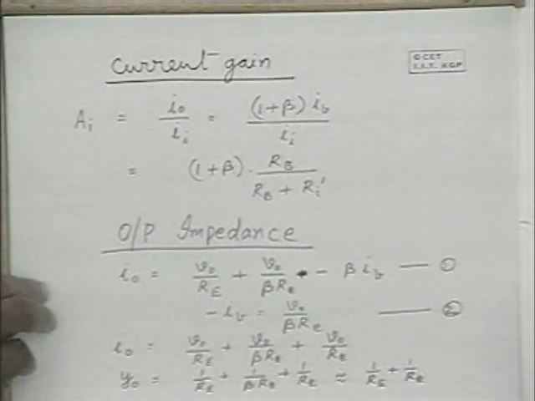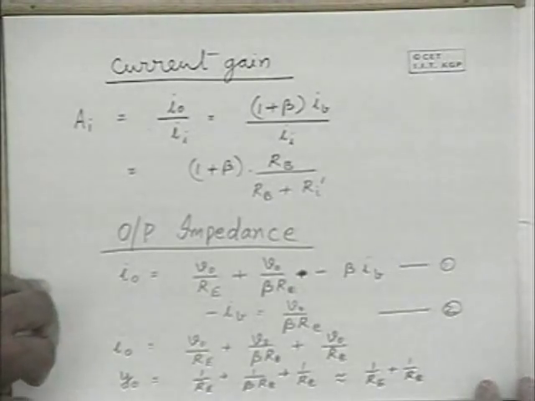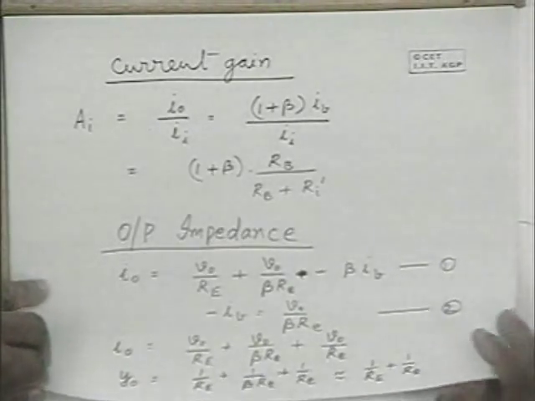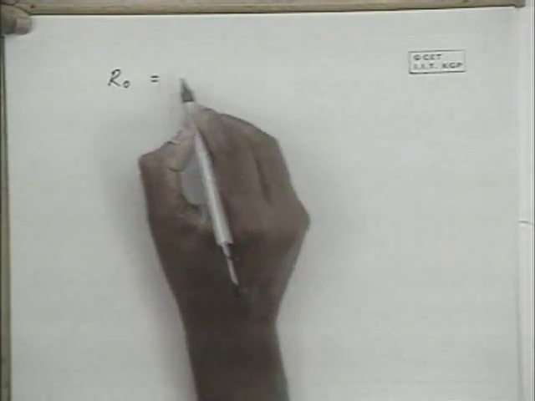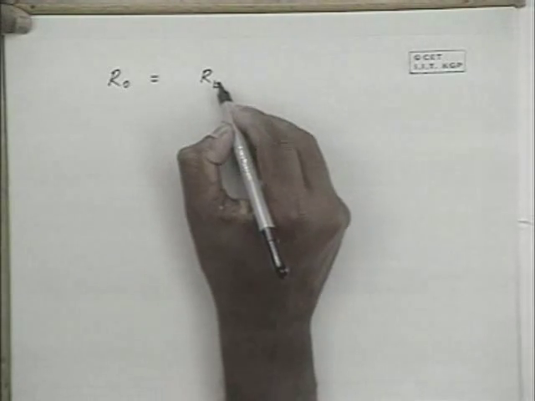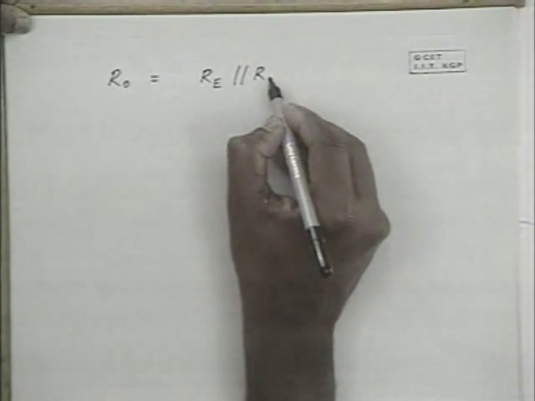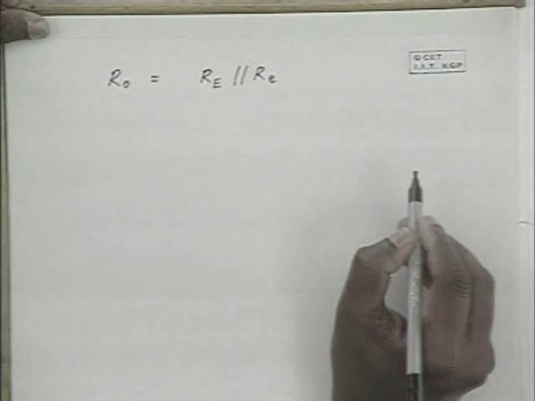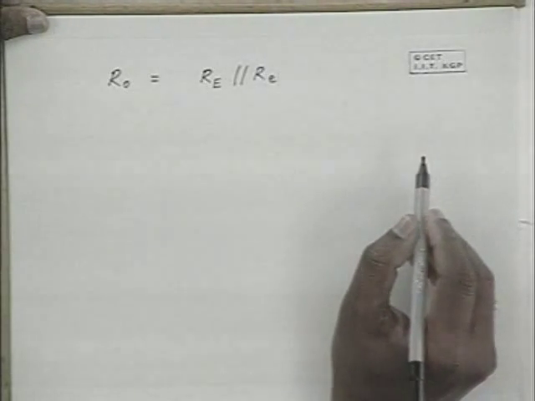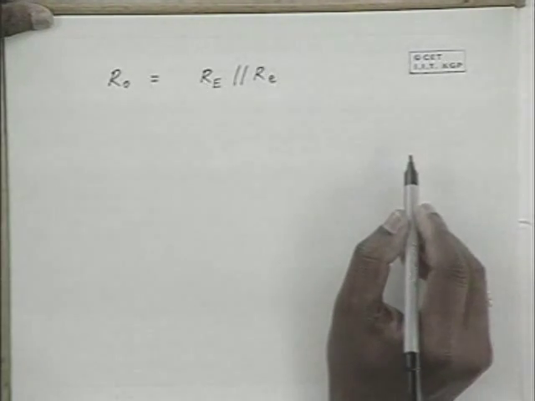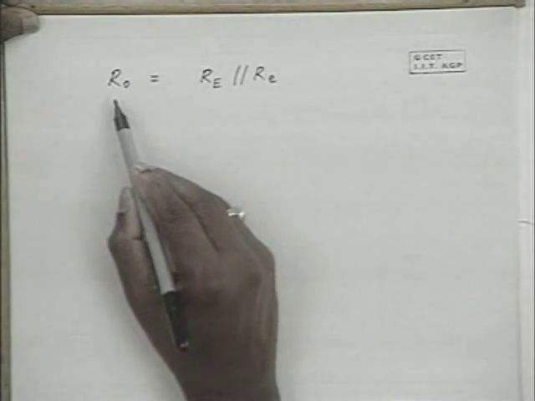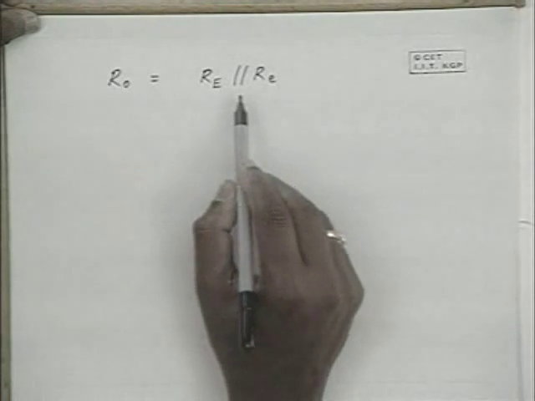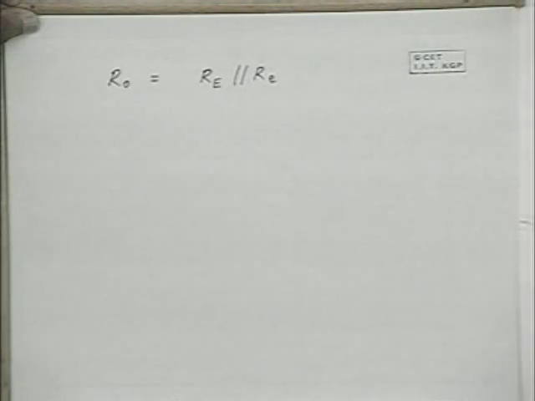So it is a parallel combination of RE and small re. Hence, the output impedance R0 is RE in parallel with small re. Please note that small re is of the order of a few ohms to a few tens of ohms. Therefore, output impedance R0 is going to be a few tens of ohms in the circuit.